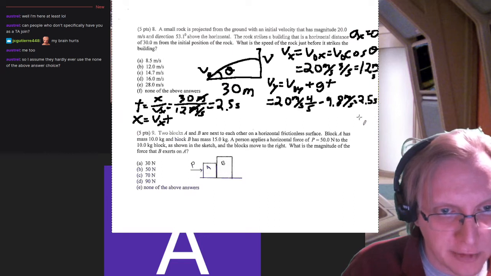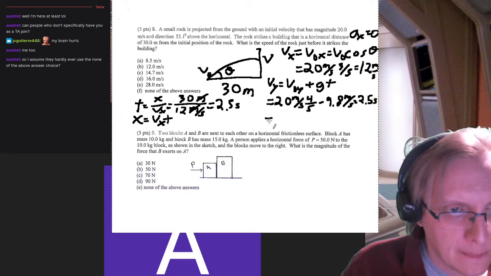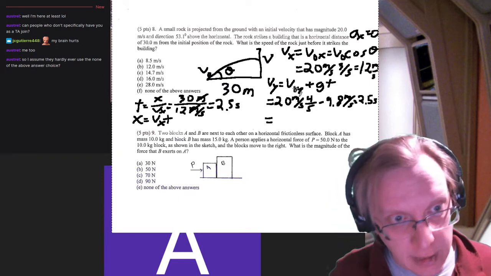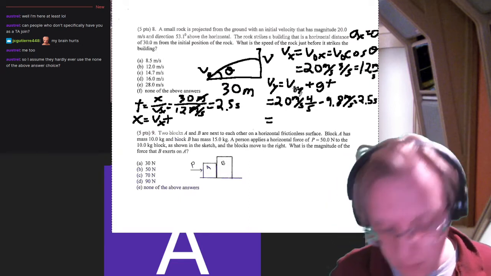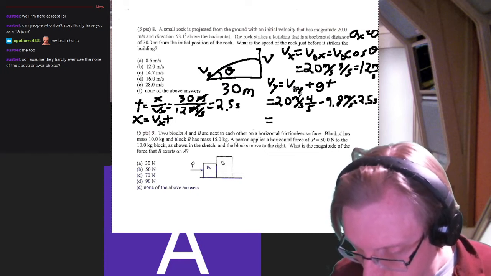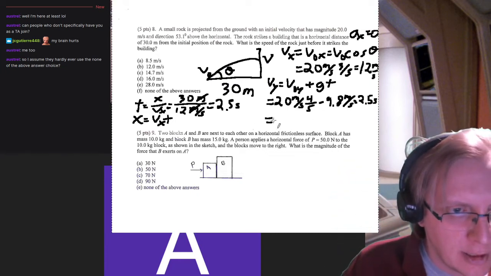Punch that into our calculator: 20 times 4 over 5 minus 9.8 times 2.5. We are coming down at minus 8.5.